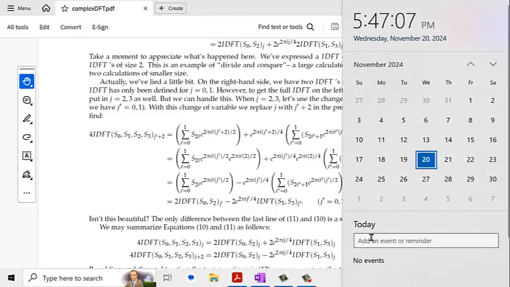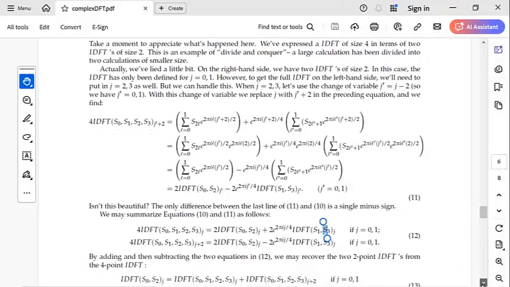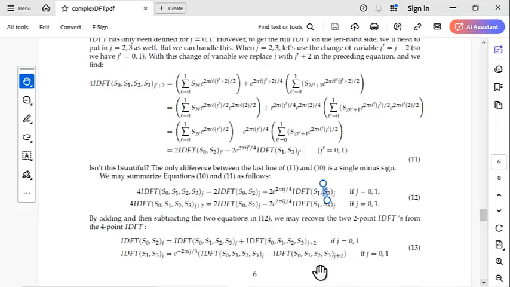Oh, sorry. Let's get there. These 2-component IDFTs come from my original 4-component IDFTs. All right? So let me reemphasize that this equation gives me a way of computing these 2-component IDFTs from these, which are the original S's.